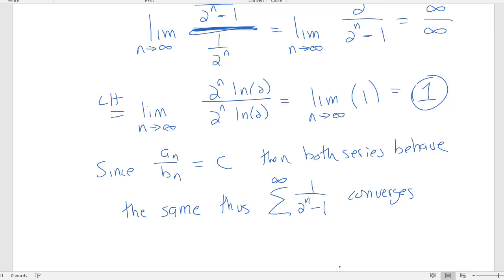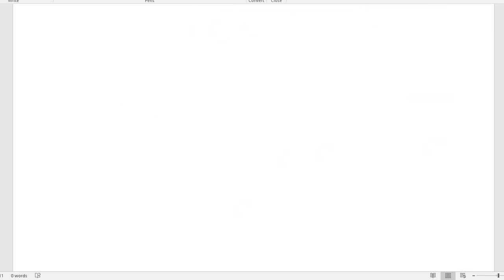I can come back and use the limit comparison test. So for me personally, if I'm thinking of a flow chart and I'm given a series and asked to test it, if I'm thinking the comparison test would work, I'm going to use the limit comparison test instead of what I'll call the direct comparison test. So instead of dwelling on the inequality, I'm going to jump to the limit.